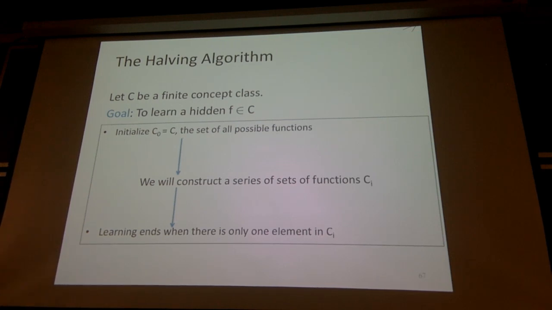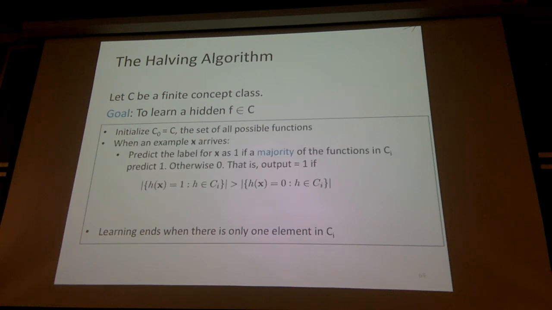In the beginning, this algorithm keeps a set of all the functions that it has, and learning ends when there's exactly one element at some round. Let's say C_i is the ith round where learning is over.